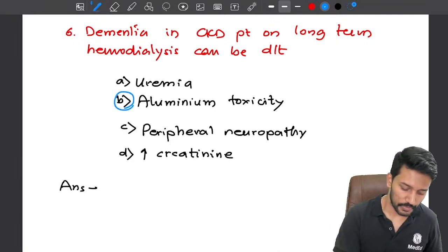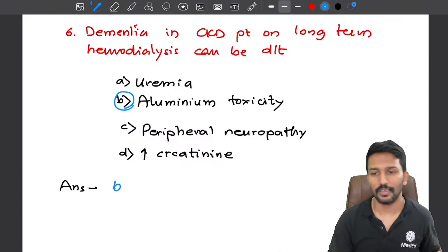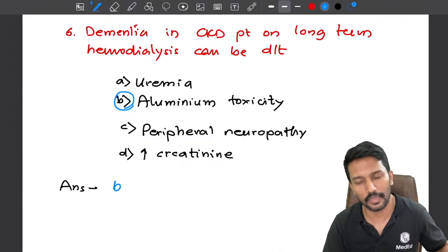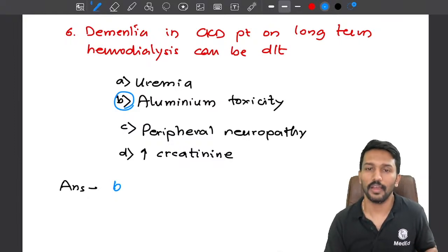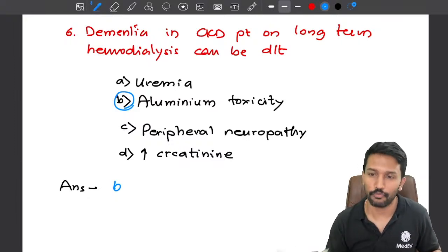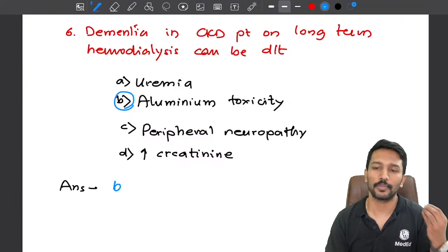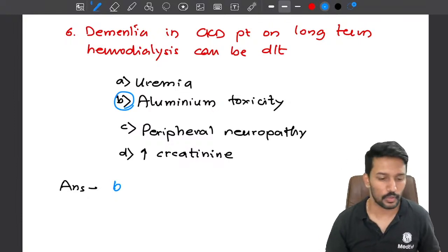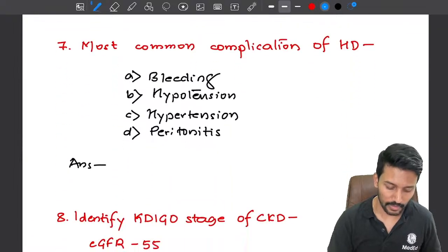The answer is option B. Aluminium toxicity has been implicated in the pathogenesis of Alzheimer's disease, and the previous generation of dialysis machines used to have a very high amount of aluminium in the dialysate fluid, and that aluminium exposure was the reason for them developing dementia. In modern-day dialysis machines, we do not use aluminium because we have understood the cause.